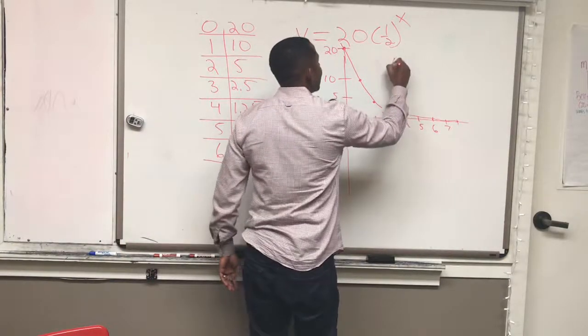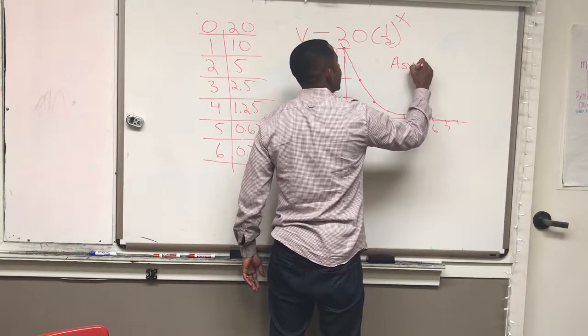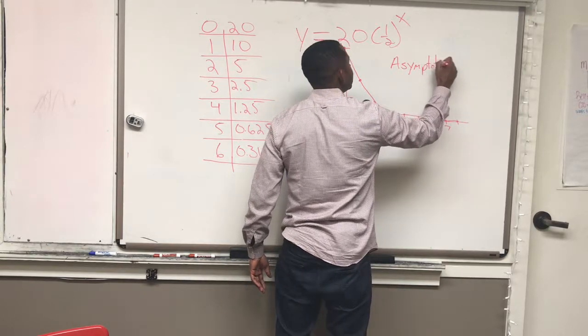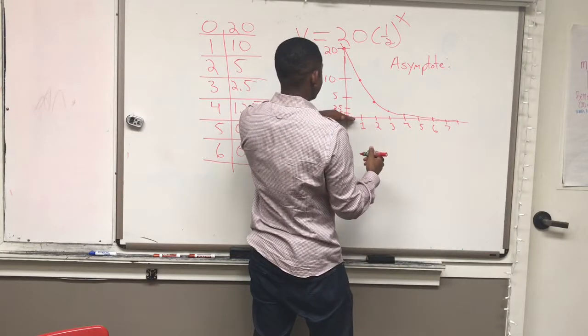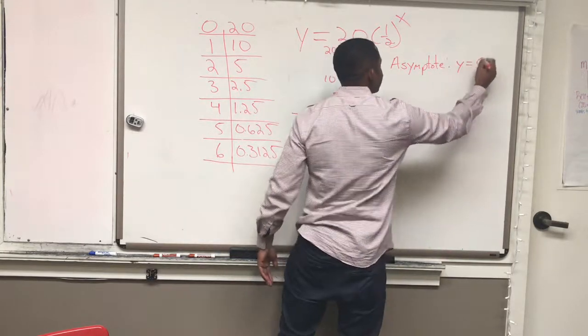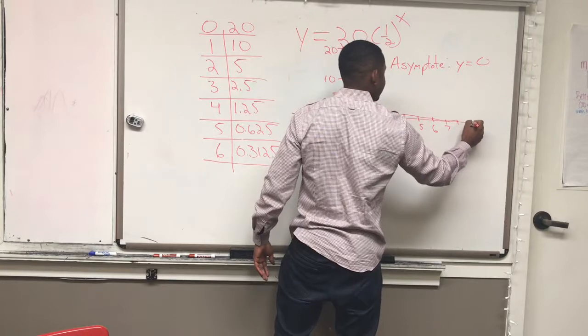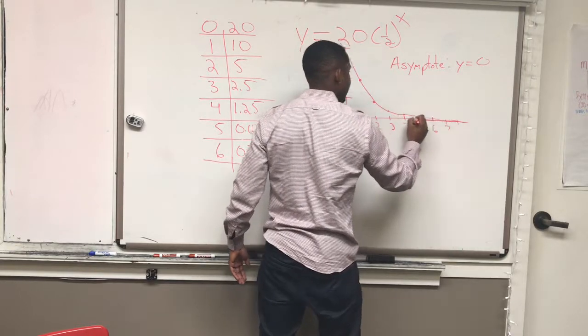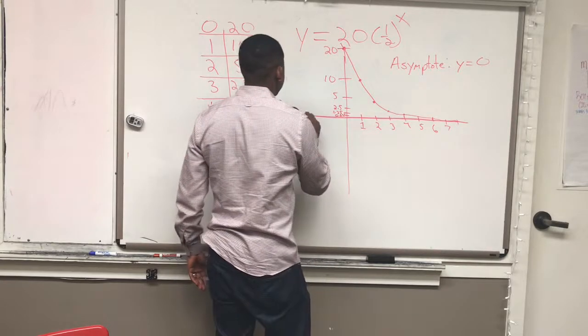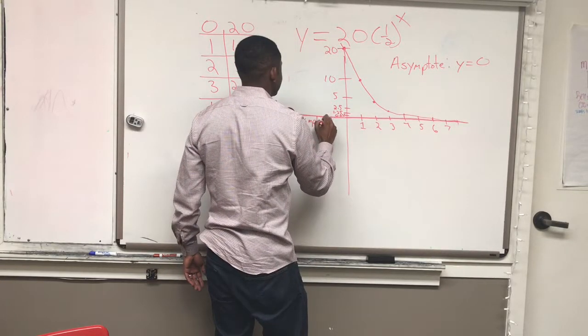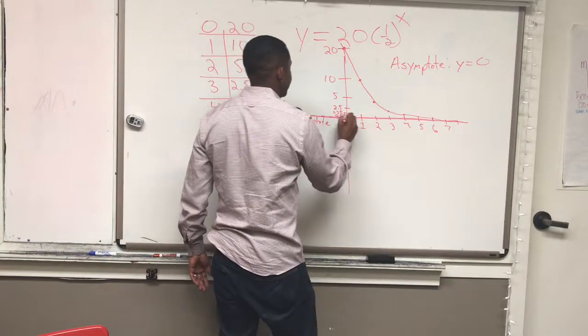That means my asymptote, A-S-Y-M-P-T-O-T-E, is where y equals 0. It's actually the x-axis, right? This line right here is the asymptote, okay?